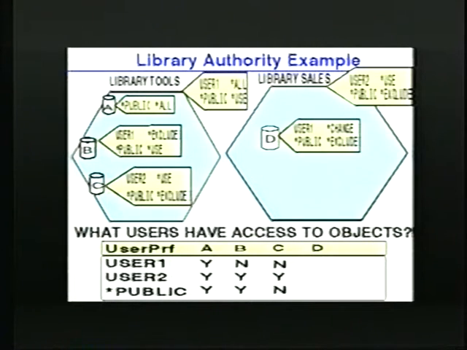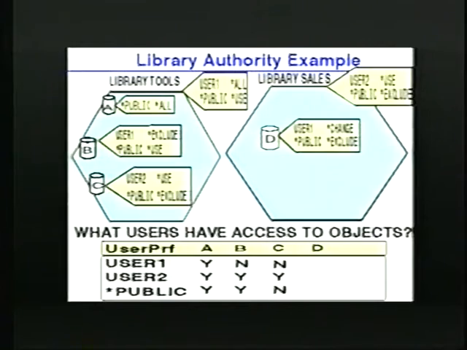User 1 is authorized to object D, but is user 1 authorized to library sales? No. Only user 2 is authorized to library sales, and user 2 is not authorized to object D, so the correct answer is nobody is authorized to object D.